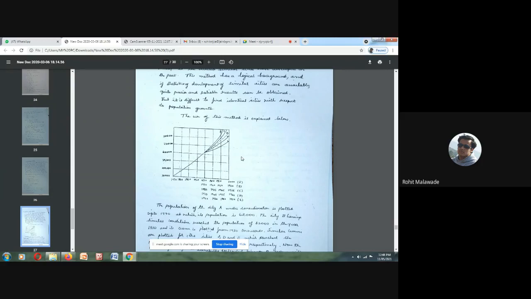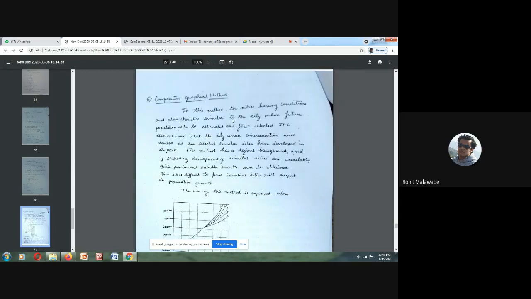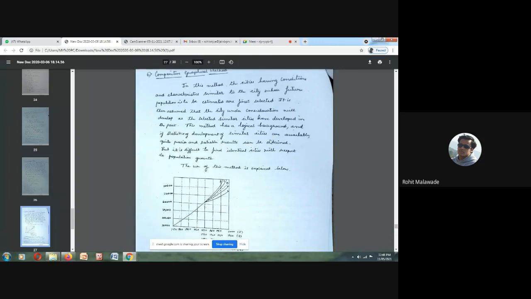What does this particular method say? In this method, cities having conditions and characteristics similar to the city whose future population is to be estimated are selected first. Then it is assumed that the city under consideration will develop in the same way as the selected cities developed in the past.